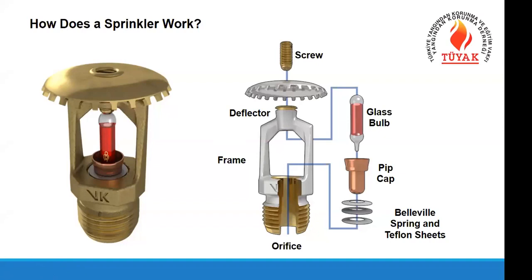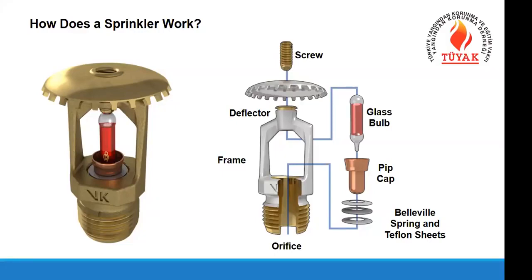What is the defined temperature? For example, for this unit with red color it is 68 Celsius. So when it is 68 degrees Celsius, the glass bulb on the sprinkler head explodes, and the waterway is completely open automatically with the spring mechanism, and the water comes. So these are the parts of the sprinkler head and how it works.